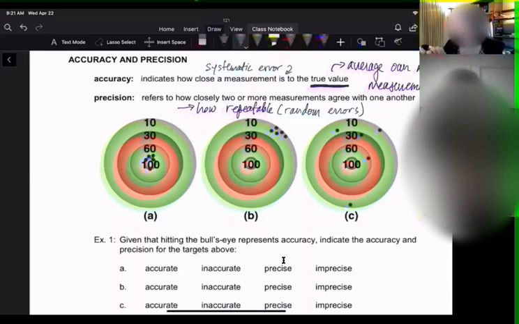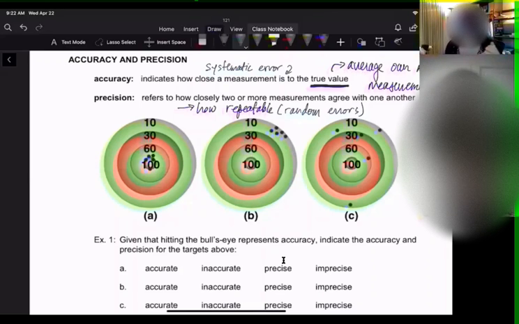So even though the person is throwing it really well, they're all close together, but there's a systematic error in the system. The fan is blowing the darts up each time.